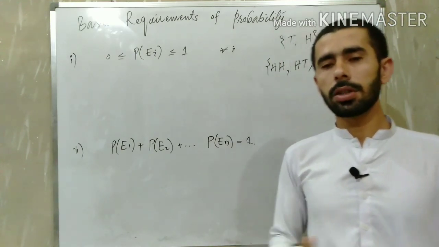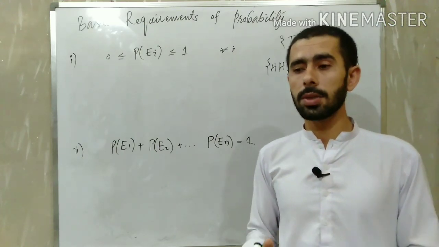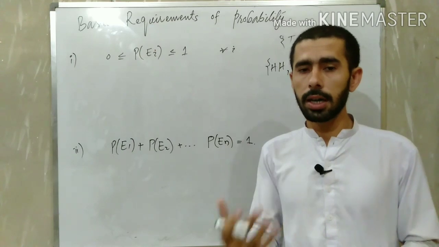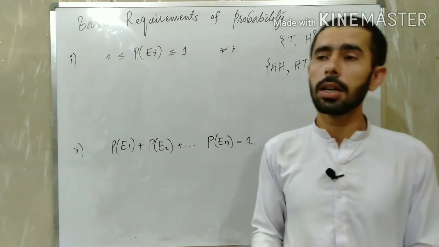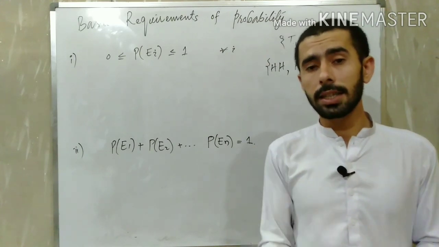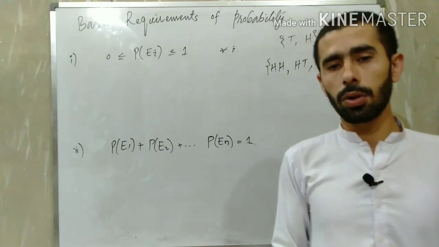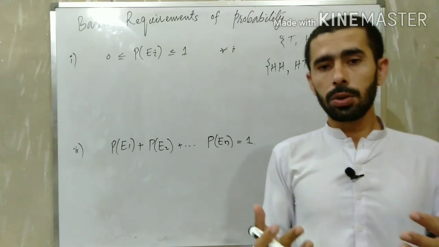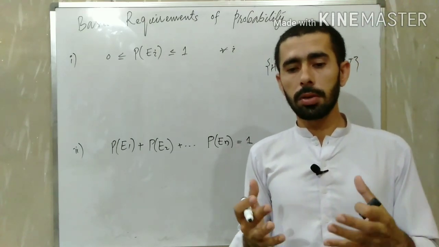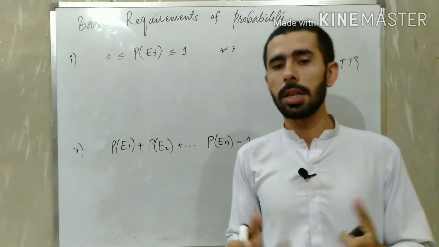Once we are done with counting the possible outcomes and we know what possibilities we have for the outcomes that would occur when we are performing the experiment, the next target that we have is to assign probabilities to those possible outcomes, to decide how likely some particular outcome is to happen.